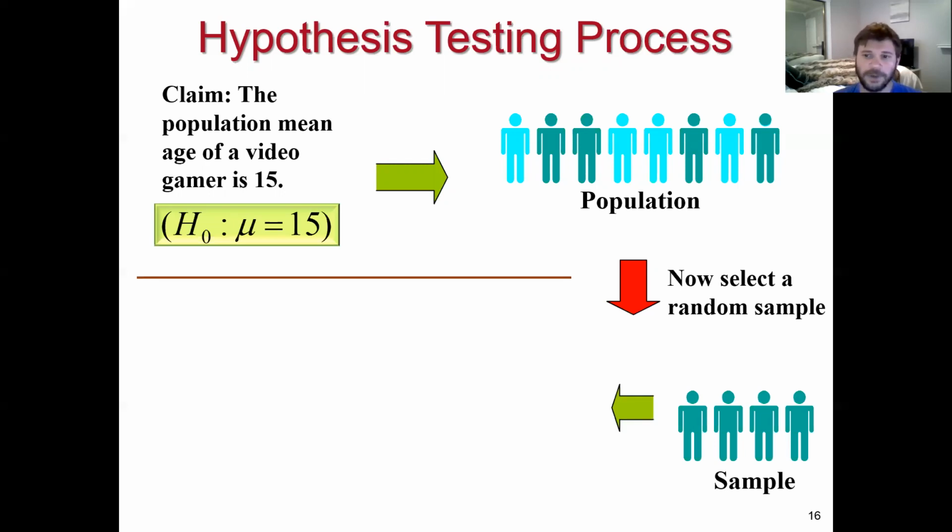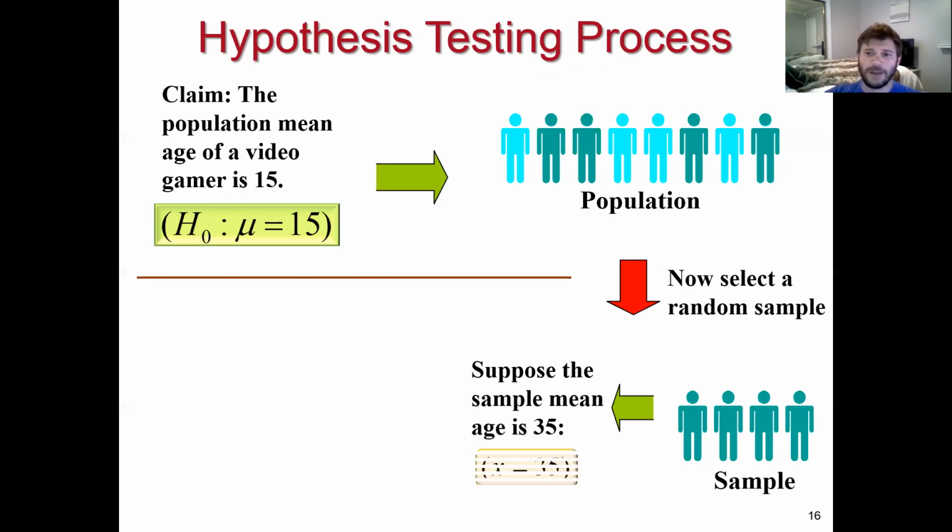Okay, so let's suppose here that in our sample, it turns out the average age of the gamer is 35. Okay, now the question becomes, is 35 far enough away from 15 for us to say that our claim that the average age was 15 is not reasonable?